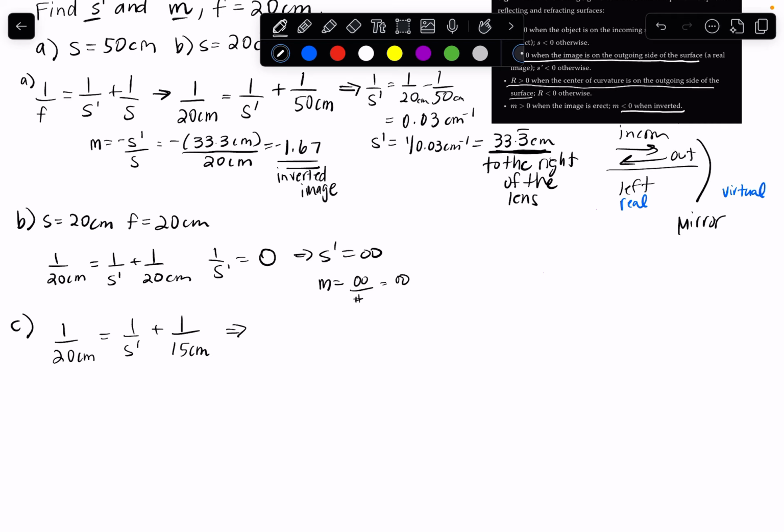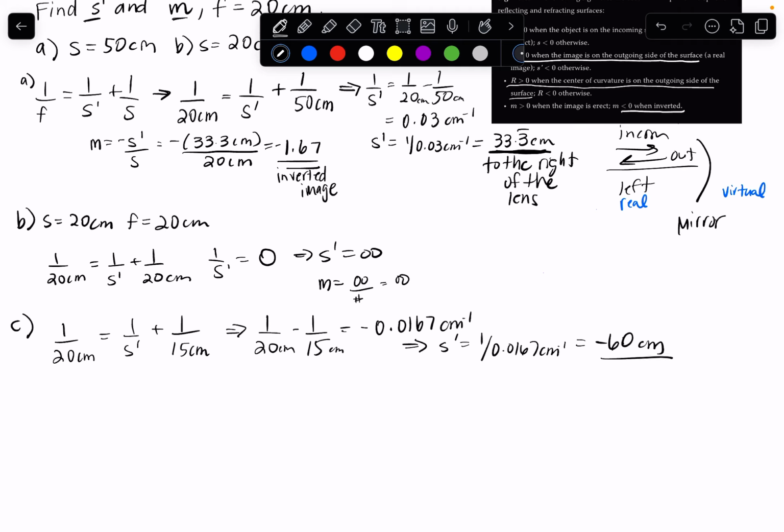So now you'll see we're going to get a negative sign because we're subtracting a big number from a small number. And so we're going to get negative 1 over 20 minus 1 over 15, 0.0167, which implies that S prime is 1 over that value. And so S prime is going to be 60.